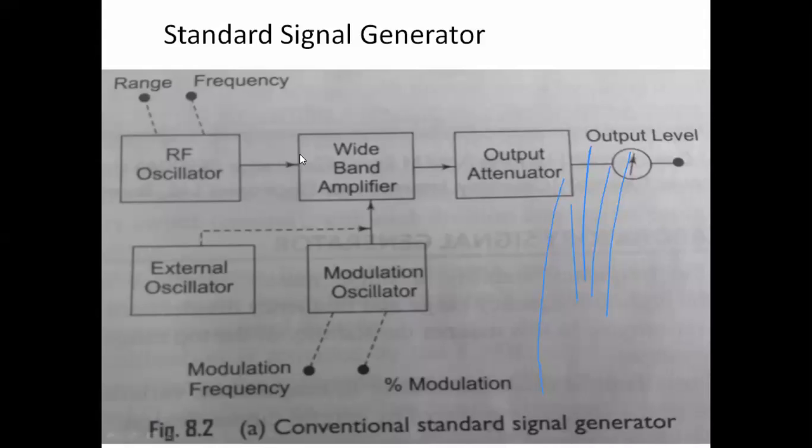For that we use the buffer amplifier. The buffer amplifier isolates the high frequency oscillator from the remaining circuits, so any effects from the output side do not affect the generation of the RF oscillator. So this is the standard signal generator.